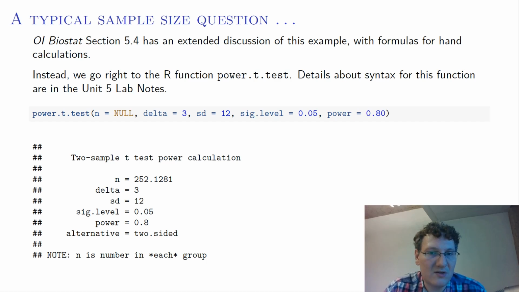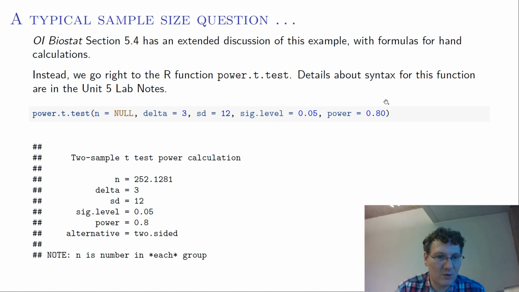We can use R to do this, but here it just runs through the calculation. Given an effect size of 3, a standard deviation of 12 in the population, a certain significance level, and the desired power, we would estimate about 253.